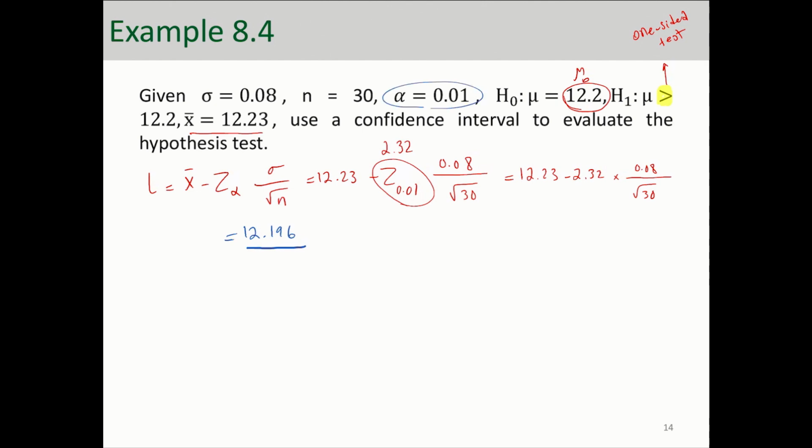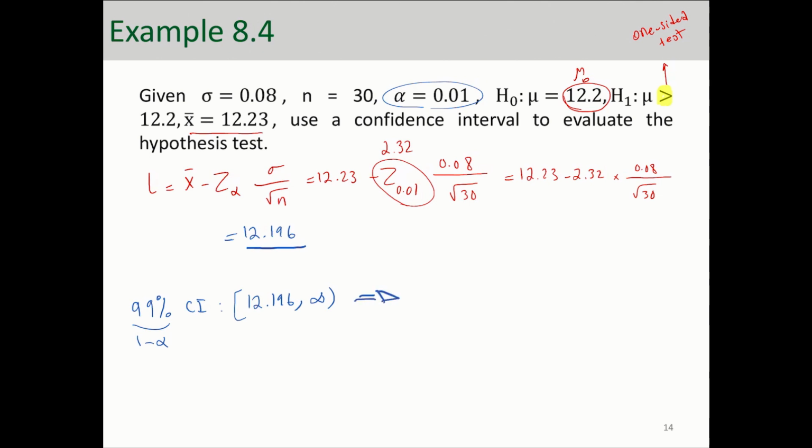Basically, since our alpha is 0.01, the confidence interval that we have here is a 99% confidence interval that is starting at 12.196, goes to infinity. That's a one-sided confidence interval. It is 99% confidence interval because that is 1 minus alpha.